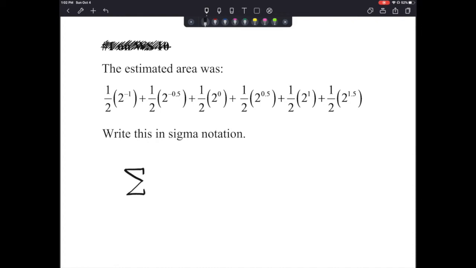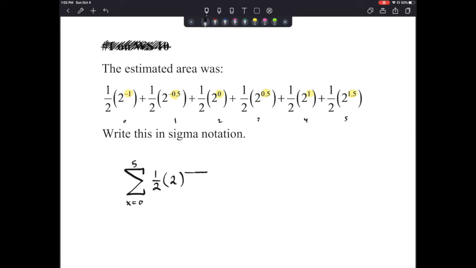So we've got sigma. Remember, this is the part that has the actual sequence in it. So that's the part that we're going to write out like a function rule for. Everything else will still be in there. We've got 1/2 times 2, and I'm going to put my exponent on the outside. It doesn't really matter which way you do it. Okay, so we said that this was like our 0th term, so we'll say x is equal to 0. 0th term, first, second, third, fourth, fifth.